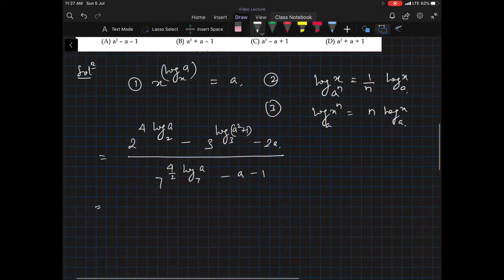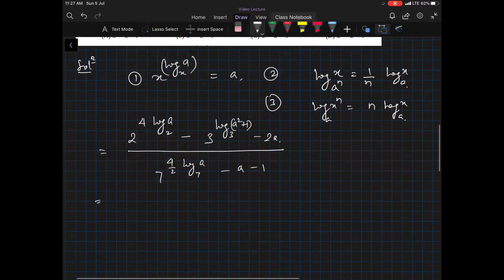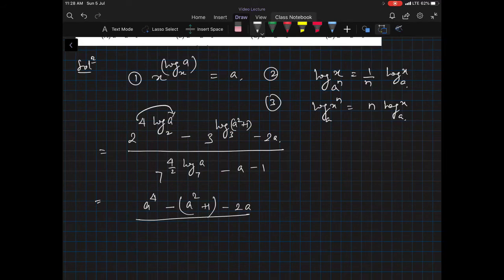Now I will apply formula number 1 on the above expression. We will have a to the power 4 minus, since the base is the same, applying formula 1, a square plus 1 minus 2a divided by a square minus a minus 1.